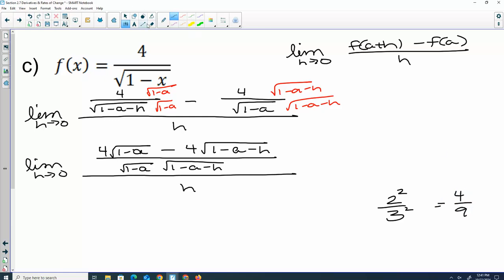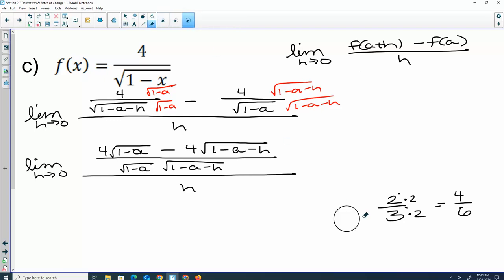It's legal to multiply by the same thing on top and bottom. Because if I multiplied by 2, for instance, 3 times 2 gives me 6, and 4 over 6 still reduces to 2/3. So that's why it's legal to multiply on top and bottom, but not to square on top and bottom.